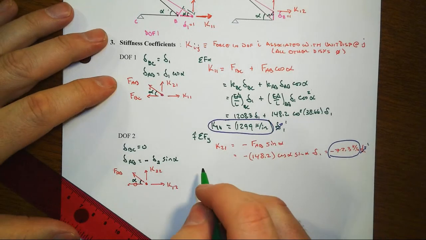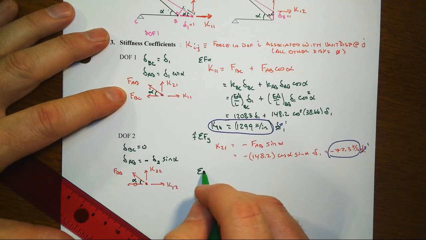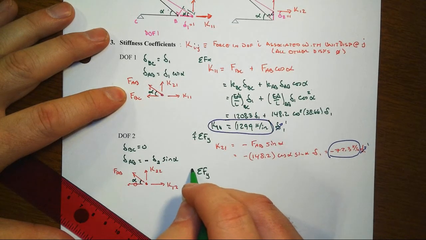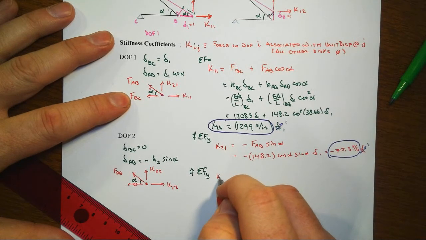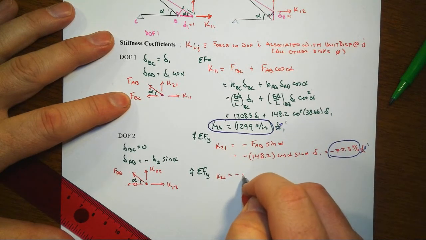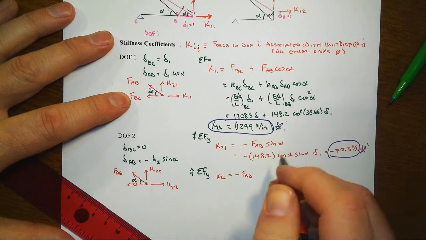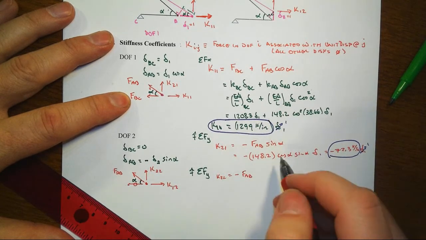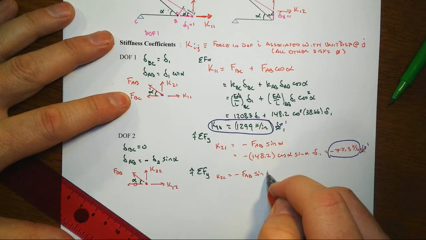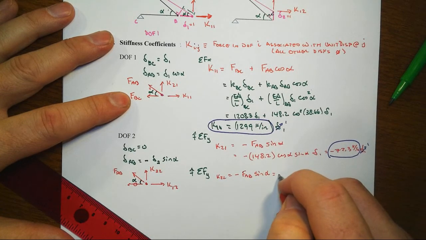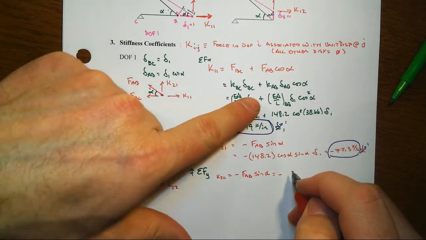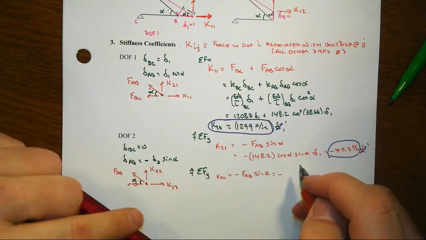So we're going to sum forces, let's sum forces in the Y this time, and you get K22 is going to be equal to minus FAB times, then we want the opposite part, the vertical part, so sine of alpha, and then FAB is going to be KAB times delta AB.